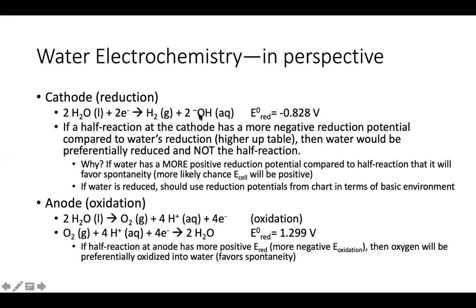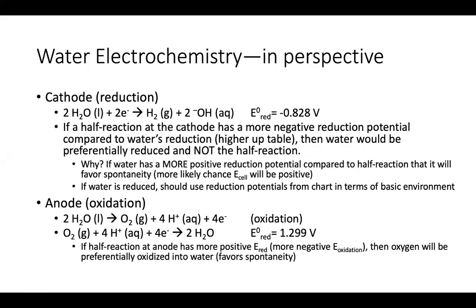When you're talking about the cathode, if your reduction potential of the half reaction is more positive than negative 0.828 volts, then your half reaction will be reduced.